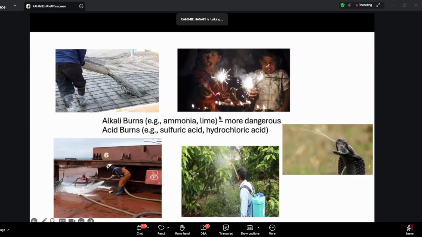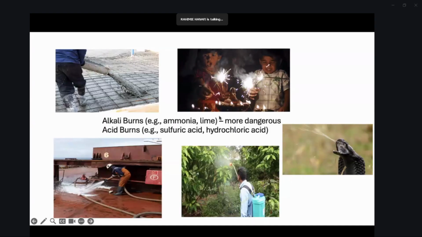Other things that are also considered chemical injury include firecrackers. If a child has a firecracker injury, what you need to do is irrigate first, because it's also a chemical injury.